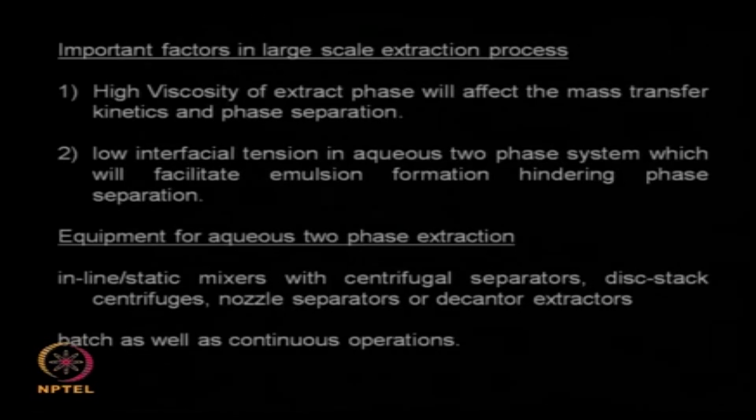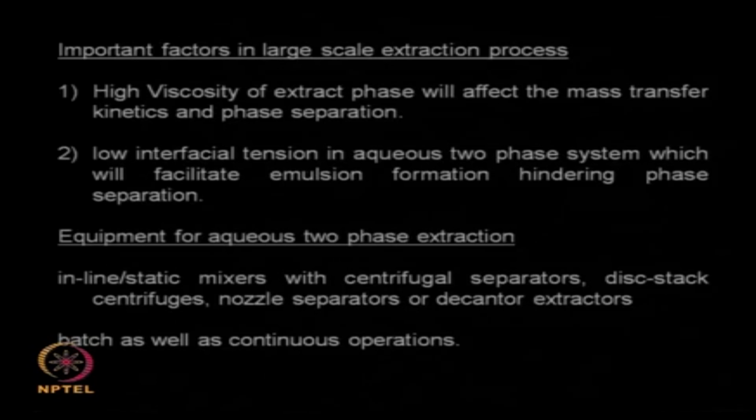So, these two important points you need to consider when you are scaling up this type of aqueous two phase system. People have considered inline and static mixers, that means long tubes filled with certain static elements, and when the two liquids flow through it, they get mixed, and during the mixing process extraction takes place.